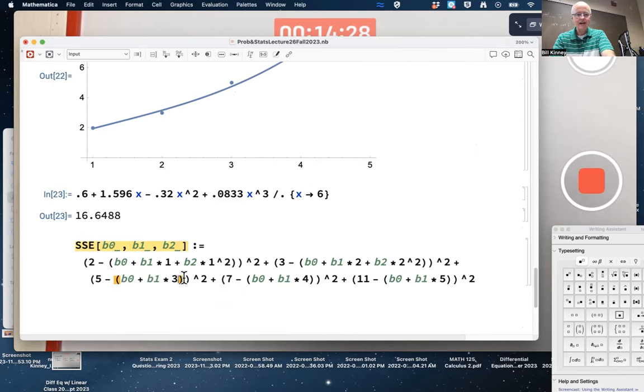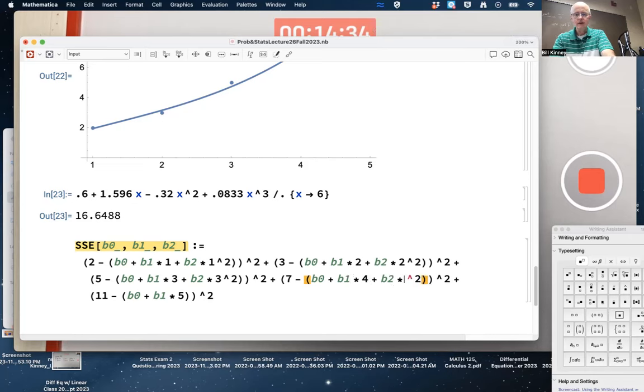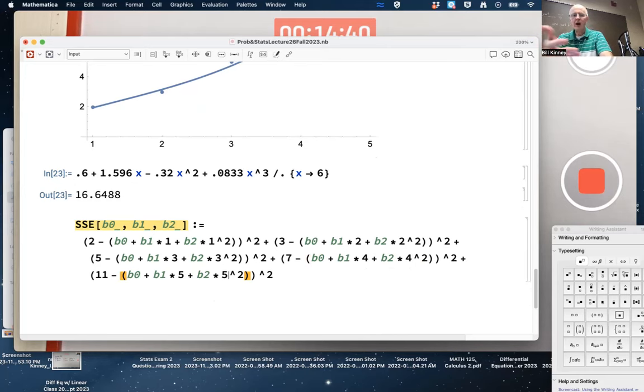Like this. I'm using a quadratic function to estimate these things. Still the same prime numbers, 2, 3, 5, 7, and 11 are the actual values. The approximations are coming from quadratic functions, plugging in 1, 2, 3, 4, and 5 into this.